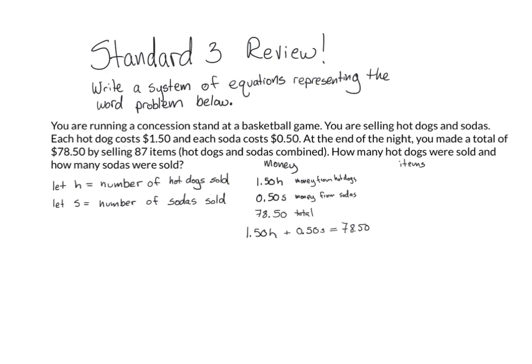Well, we defined H as the number of hot dogs sold and S as the number of sodas sold. And in this sentence it says we sold 87 items. So the number of hot dogs and the number of sodas total 87. And that's it. This is my system of equations. 2 variables, 2 equations, good to go.